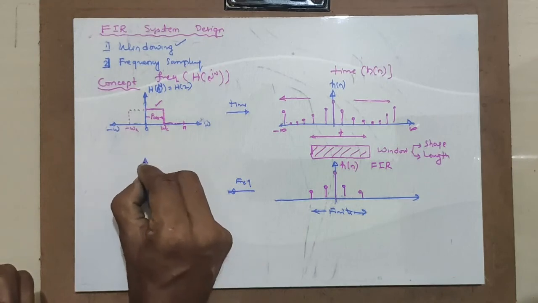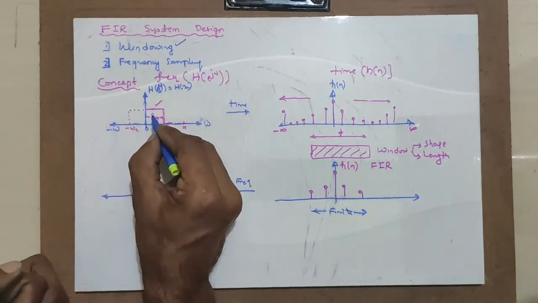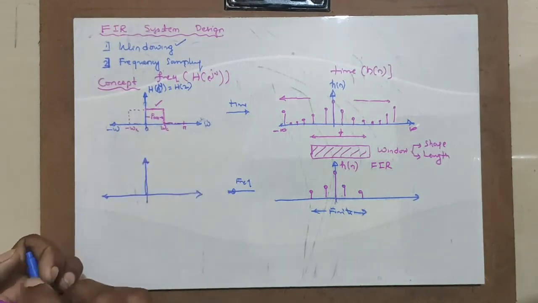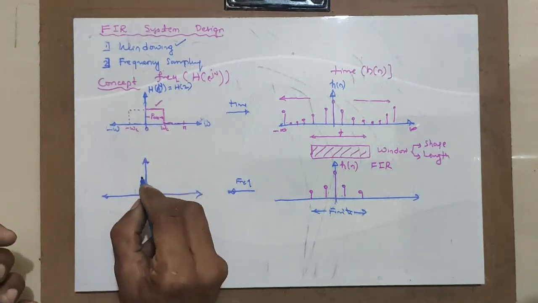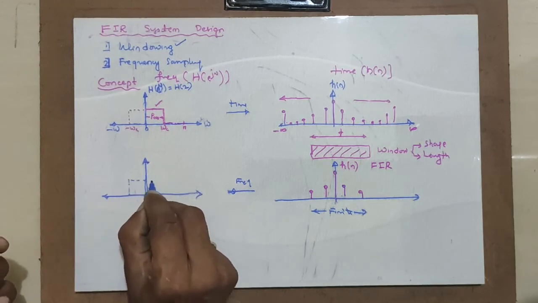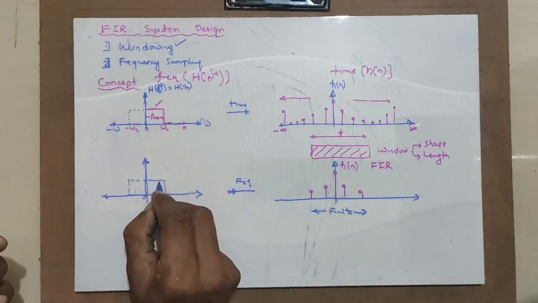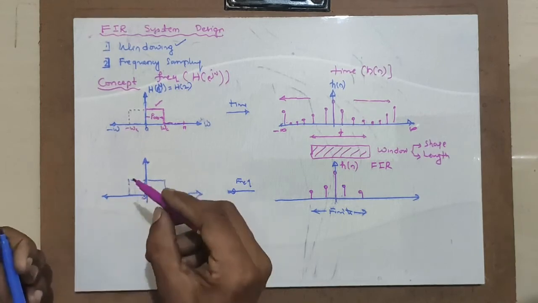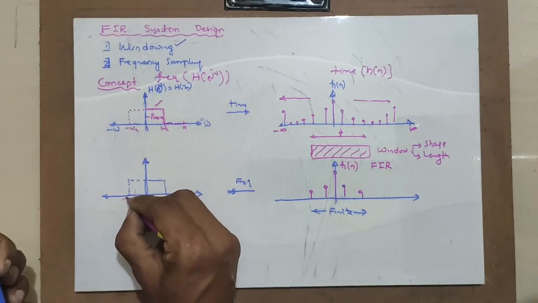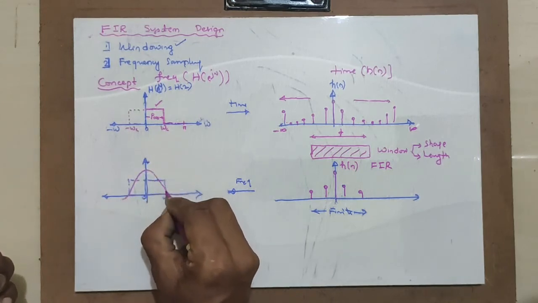The effect of this is, see, the frequency response should have been very flat like this. It will not be flat like this. See, it should have been like this, isn't it? 0 to omega c, it should have been passed. But you will observe that there is a characteristic of this kind.